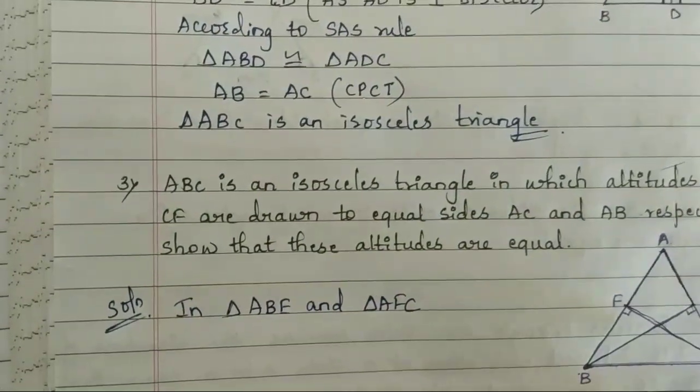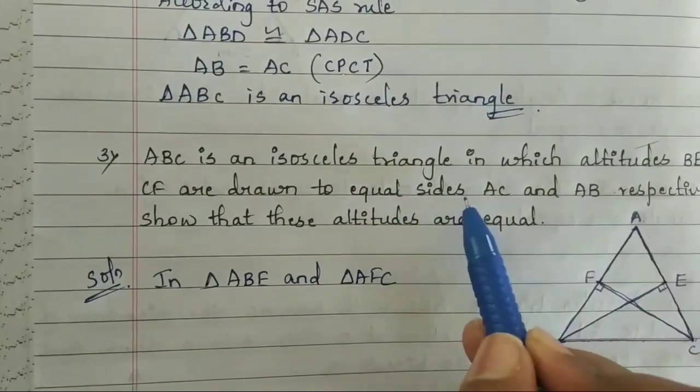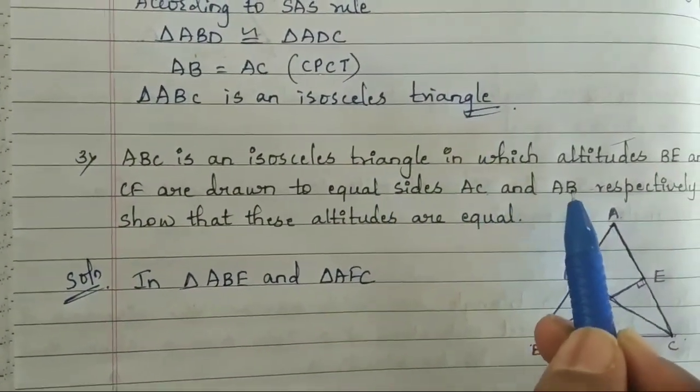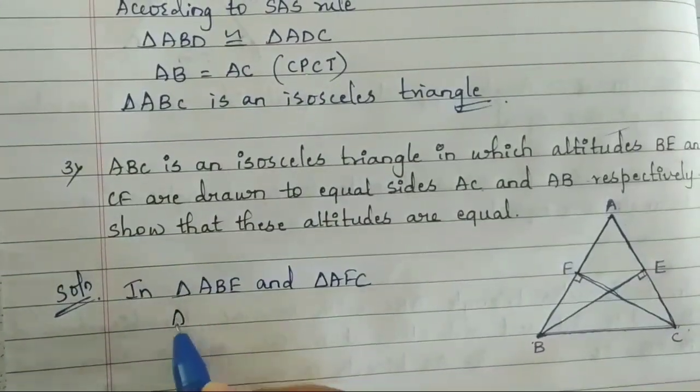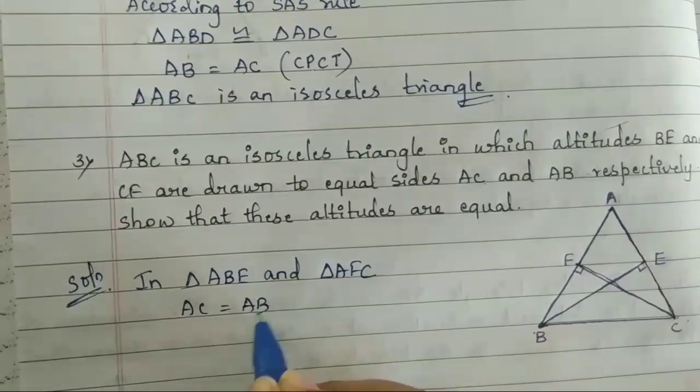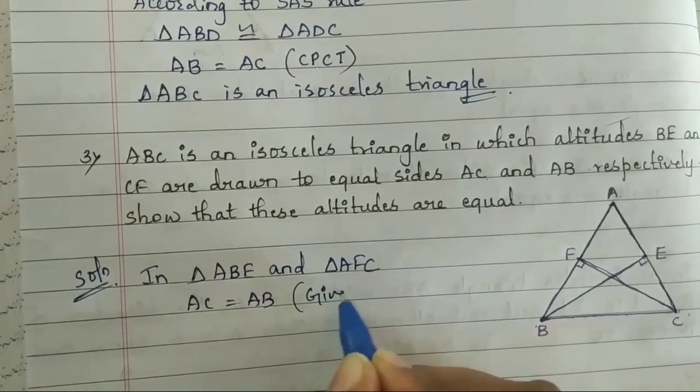In these two triangles, already they have told us the equal sides AC and AB. So we got one side here, AC is equal to AB, it is already given.